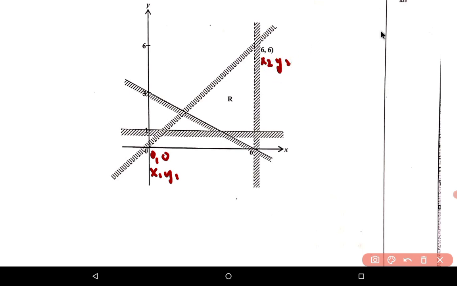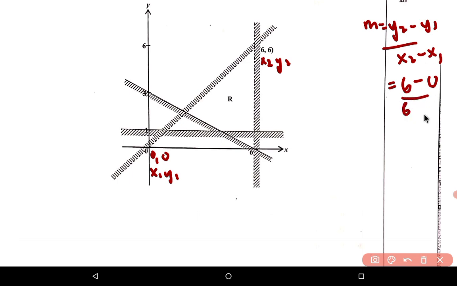So your gradient is y2 minus y1 over x2 minus x1. y2 is 6, y1 is 0, x2 is 6, x1 is 0. So you get 6 out of 6 and you get 1.